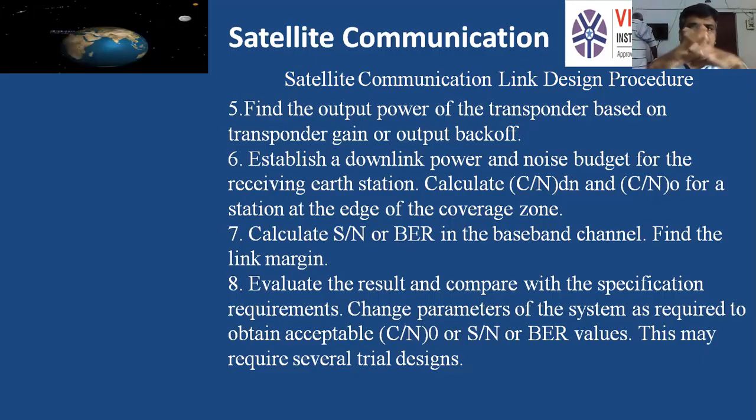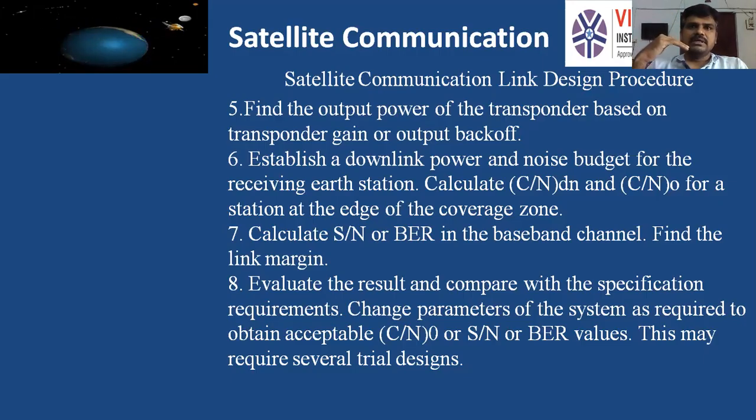Compare with the specifications. If the uplink C by N ratio value or the downlink C by N ratio value deviates, then your assumptions related to the transmitter parameters or receiver parameters need to be changed. So this requires trial designs, a trial and error method.